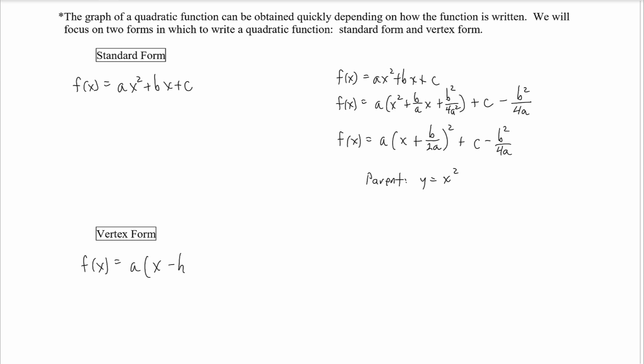So we let b over 2a equal negative h. That seems weird, like how can we do that? But b over 2a is just a constant. Now we don't know what the constant is. It depends on b and a. So we can replace that constant with any other constant we want. So we're going to replace it with negative h. And then instead of c minus b squared over 4a, we typically let that be k.